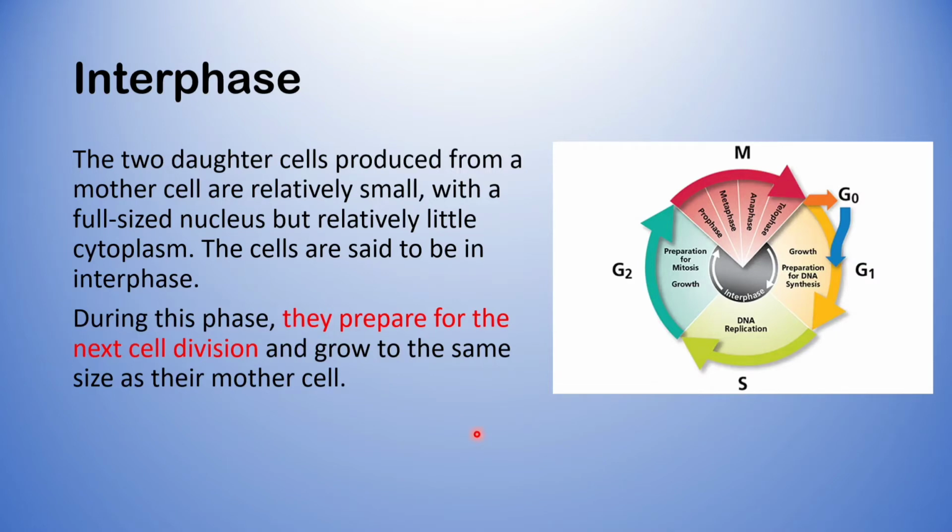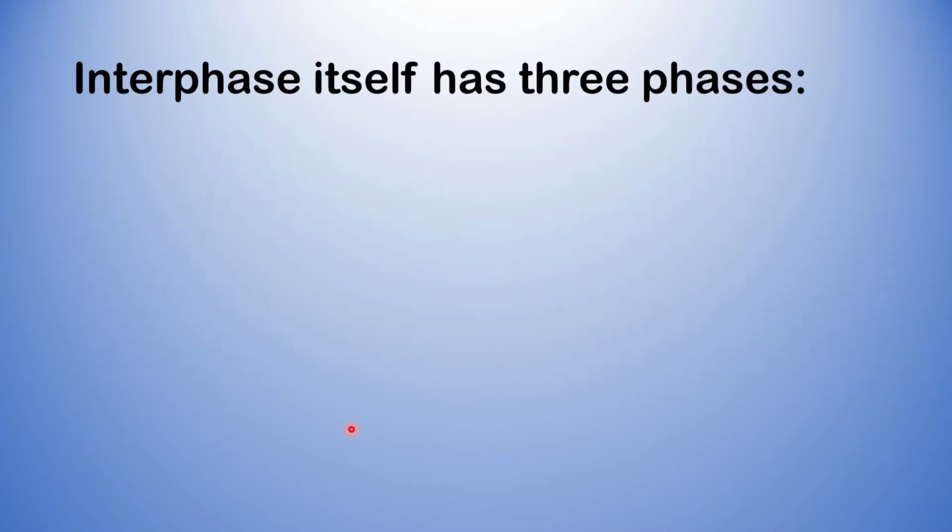So in this phase the cell is in interphase. During interphase, cells prepare for the next cell division and grow to the same size as their mother cell. Interphase itself has 3 phases.